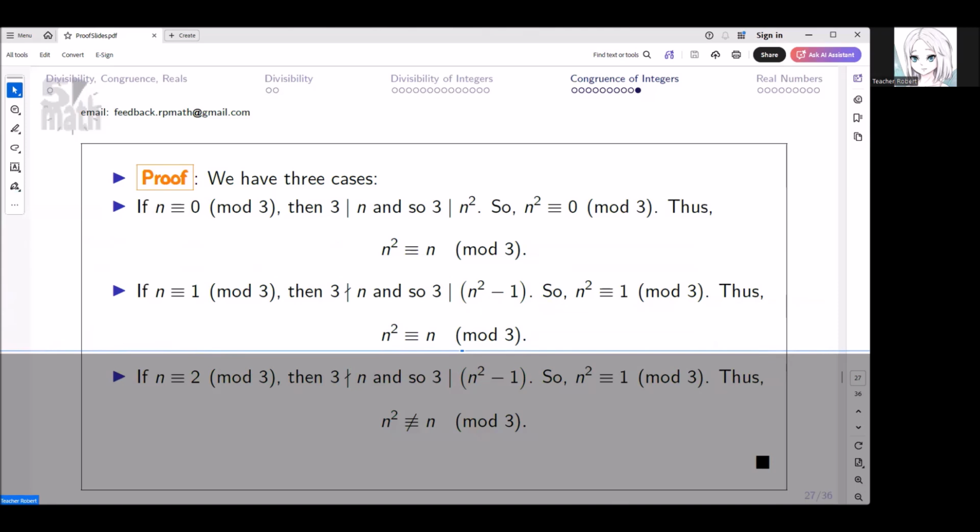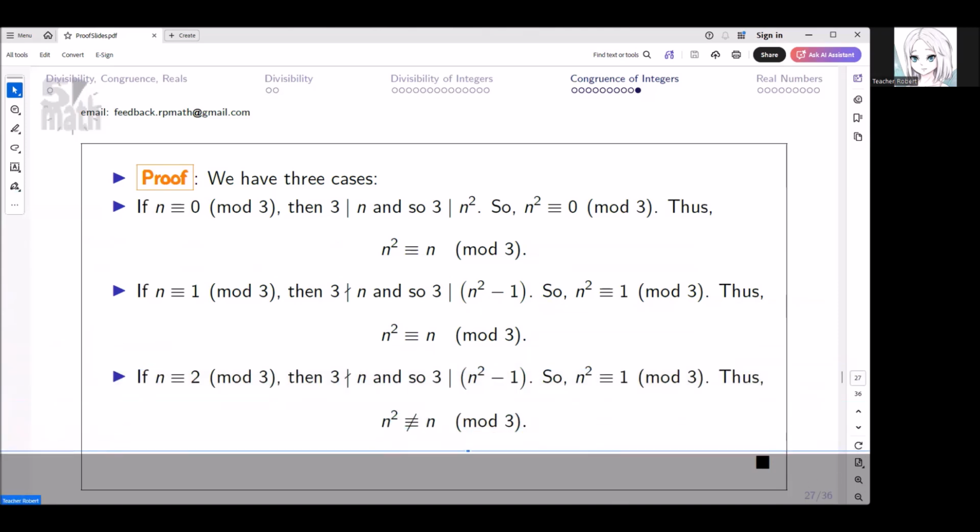So n squared is congruent to 1 mod 3, thus n squared is congruent to n mod 3. If n is congruent to 2 mod 3, then 3 does not divide n, and so 3 divides n squared minus 1. So n squared is congruent to 1 mod 3, thus n squared is not congruent to n mod 3.